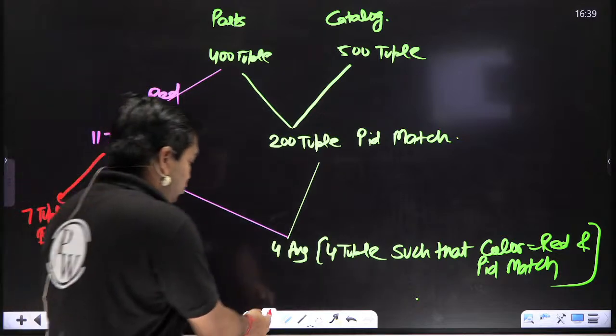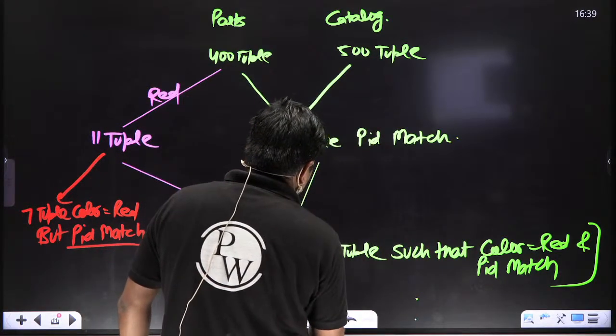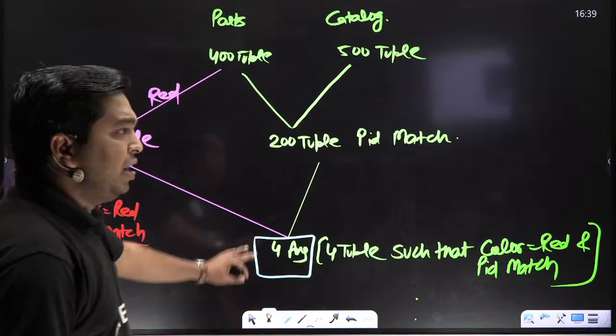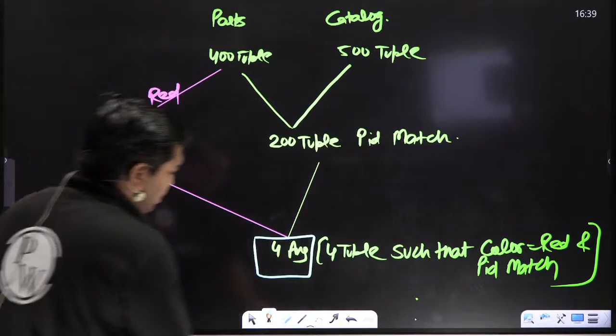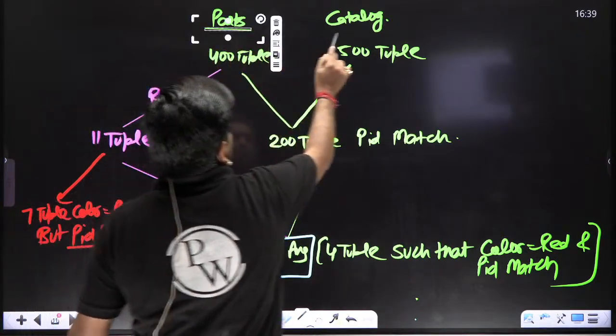So what is the conclusion, my dear? 4 is the answer. Again, I repeat, there are two tables, parts table and catalog table.